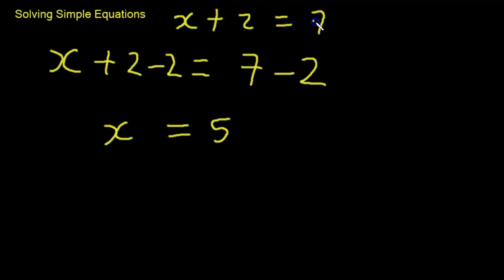And the beauty about solving equations, we can always test our solutions. By testing, I mean you could just plug or substitute the value of x in the original equation. We found x to be 5, so we can test it. 5 plus 2 is equal to 7. So we know our solution is accurate.